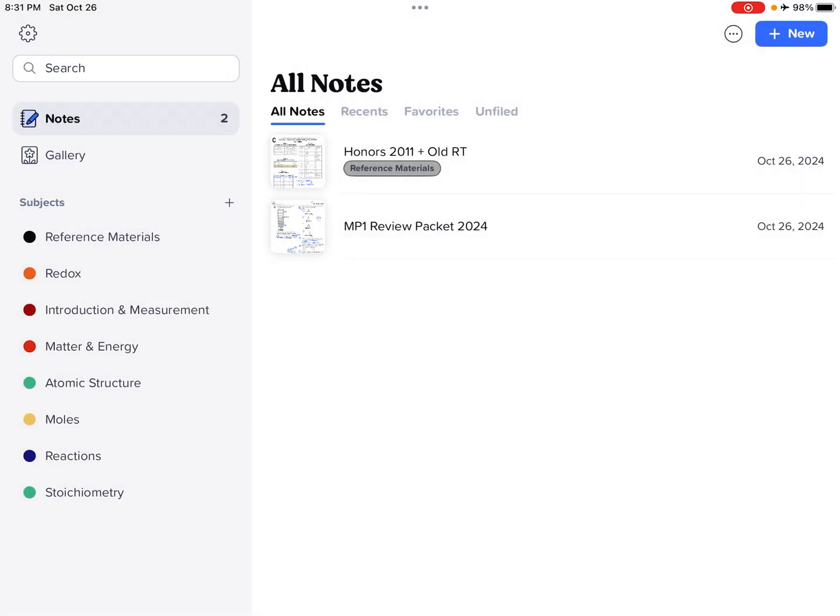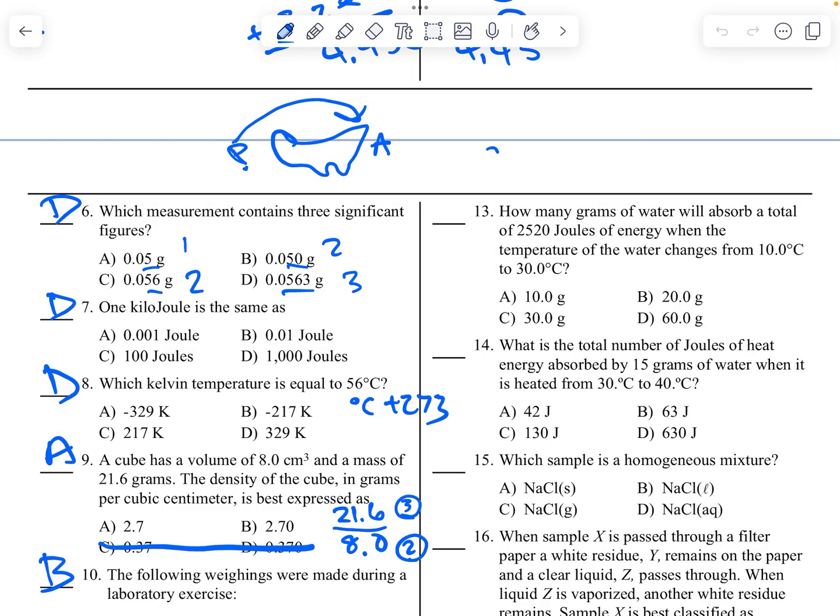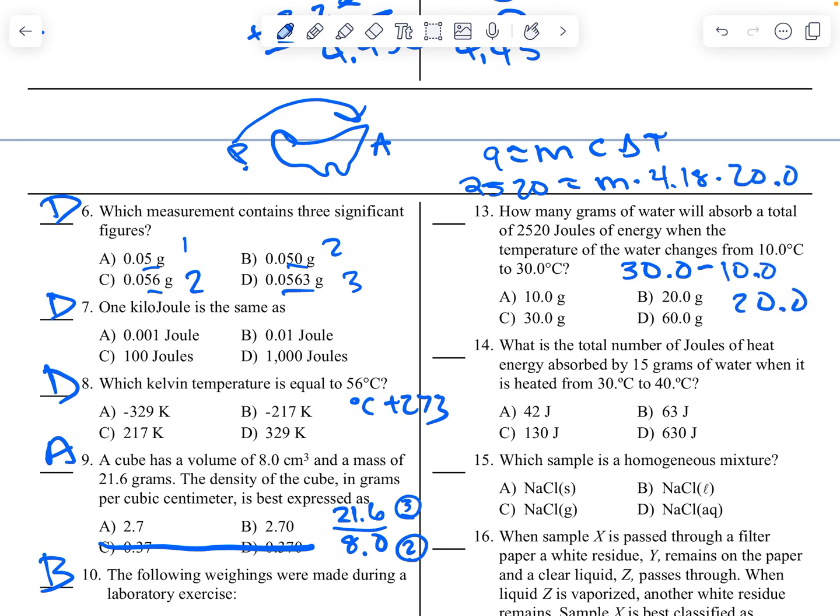So let's go back to the question. Q equals MC delta T is our formula. We are looking for grams of water, so 2520 equals our M, or our X, if you want to call it that, 4.18. And then T final minus T initial gives me a difference of 20.0. So this is 20.0.